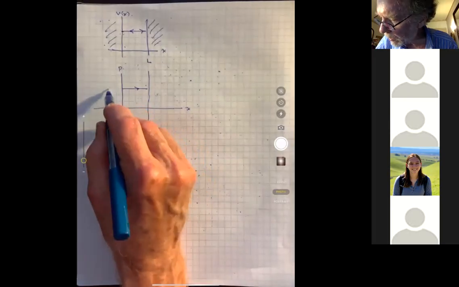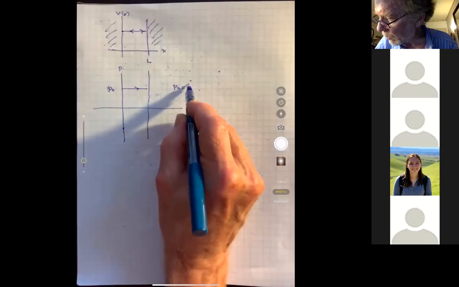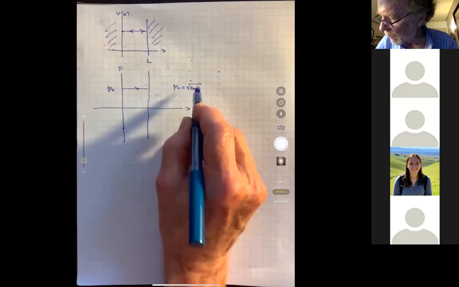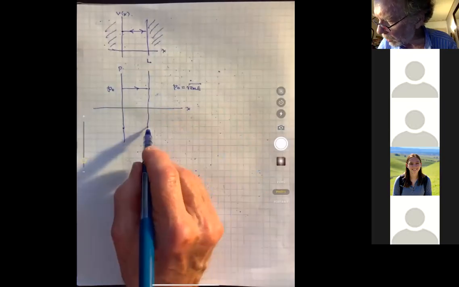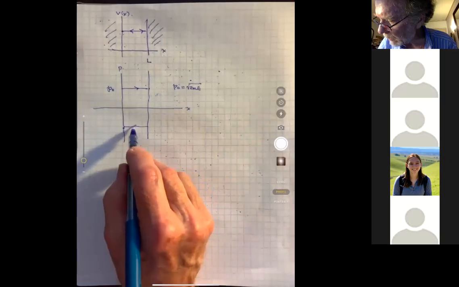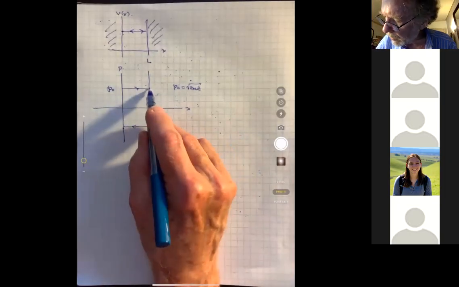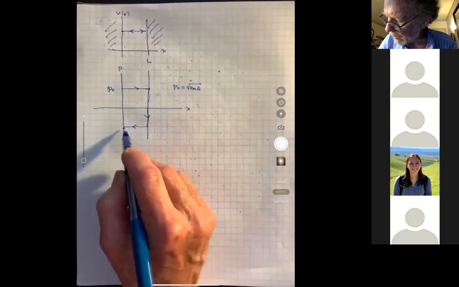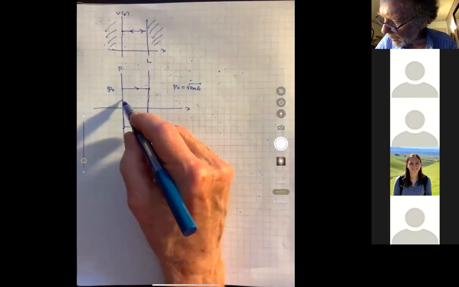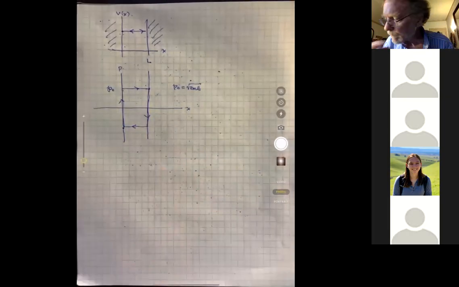Let's call that momentum p0. Actually, p0 is related to the energy by the square root of 2mE. And then when the particle reaches the right wall, it reflects, and so the momentum changes sign, so it comes down here and moves back like that. So if you like, the phase space orbit moves across like this and instantaneously jumps down to this lower point, then moves back here and then instantaneously jumps up like that. So the orbit in phase space is a rectangle.